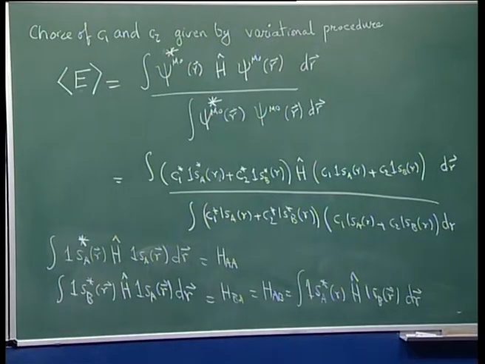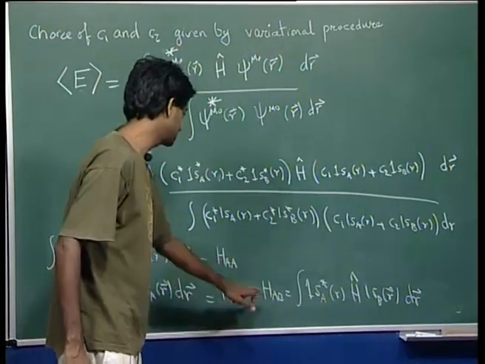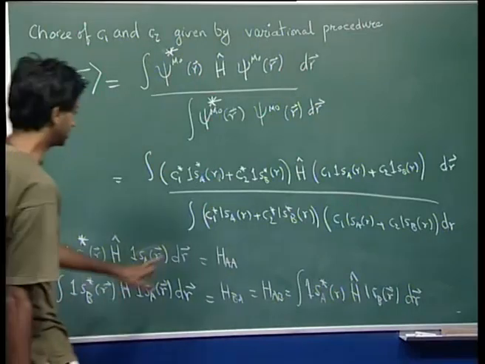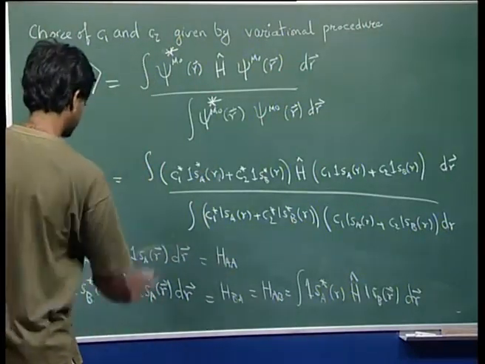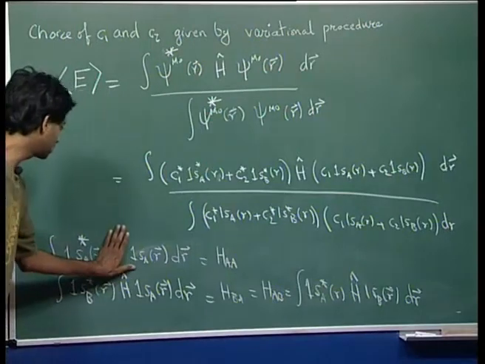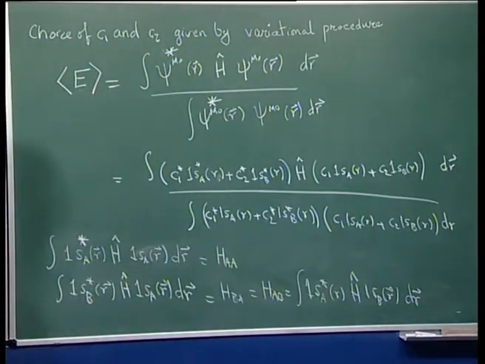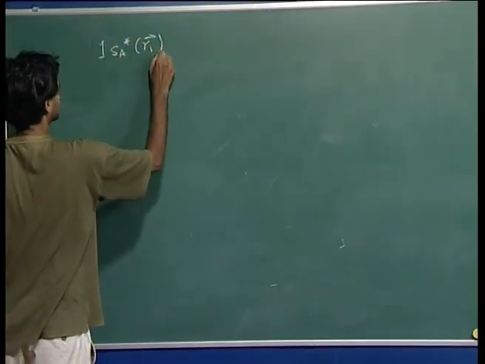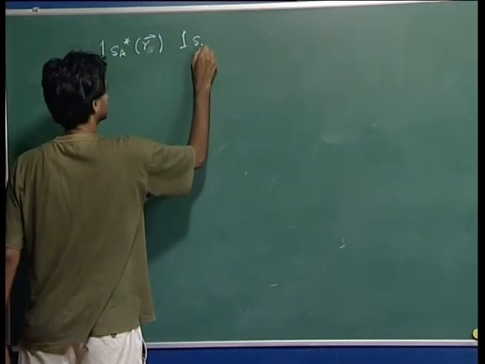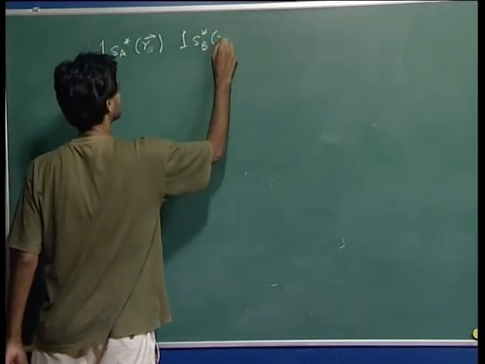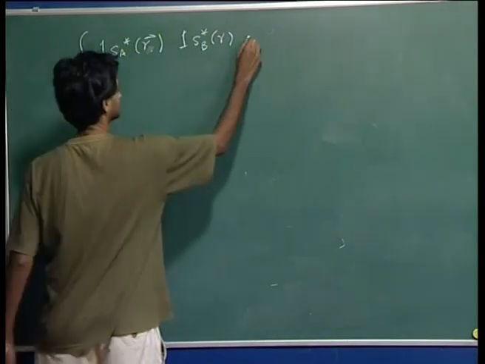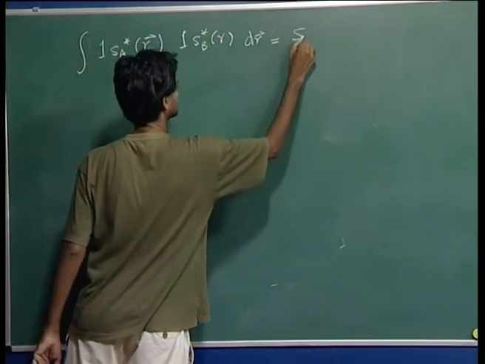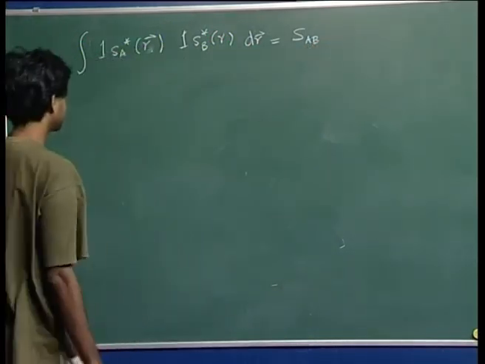So then your expression for E, at least the numerator part, we can write in terms of HAA, HBB, and HAB. For the denominator, we will use exactly a similar notation, but if there is no H, we will call it SAA, or SAB.